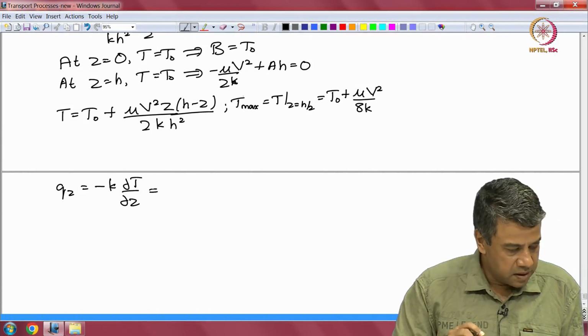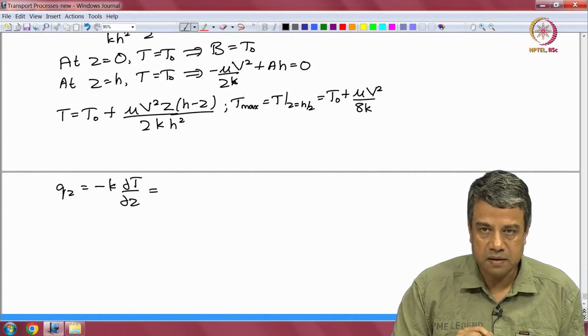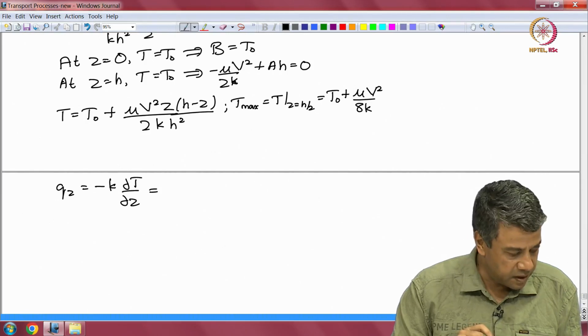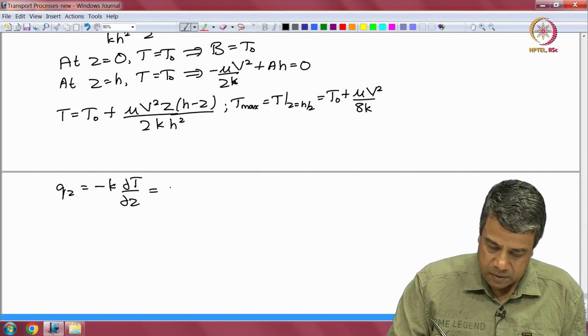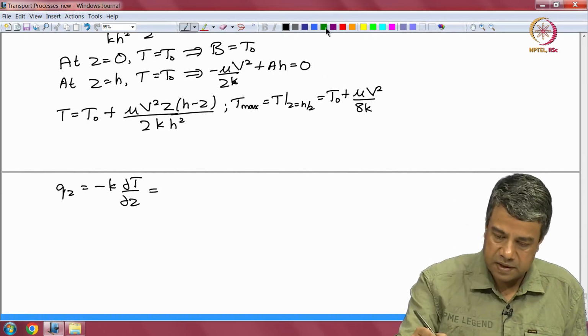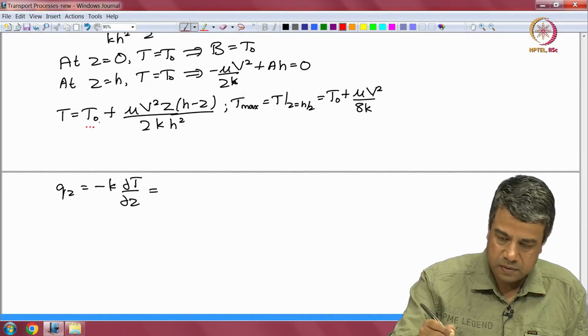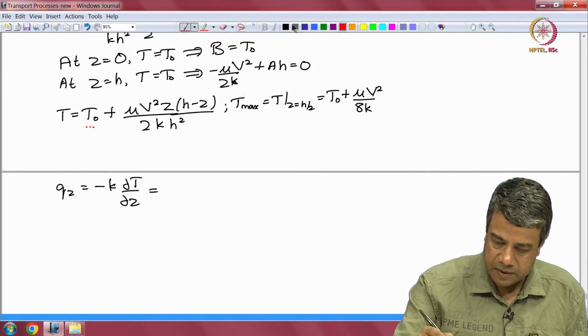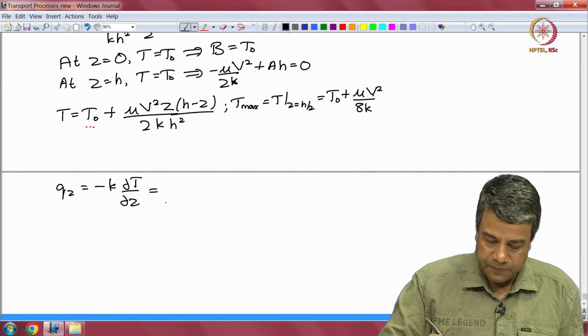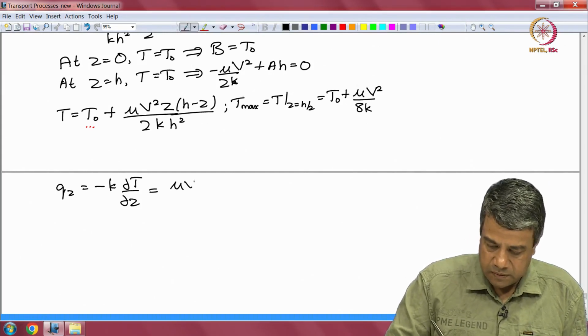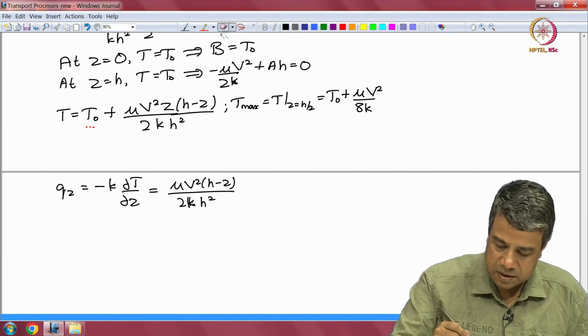This is a function of z, because I have to differentiate this in order to get q z. The derivative of the first term, the constant temperature, will be 0. The second term has a dependence on z and z square. So, I will get mu v square into h minus z by 2 k h square, differentiating using product rule.